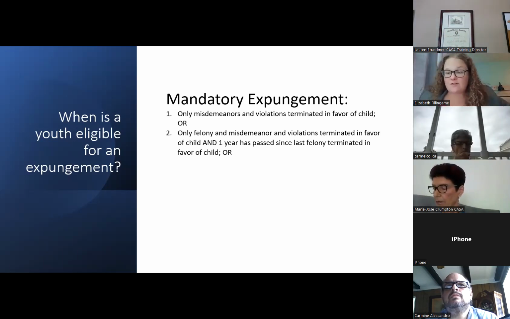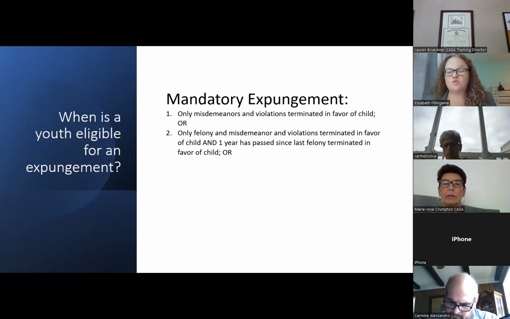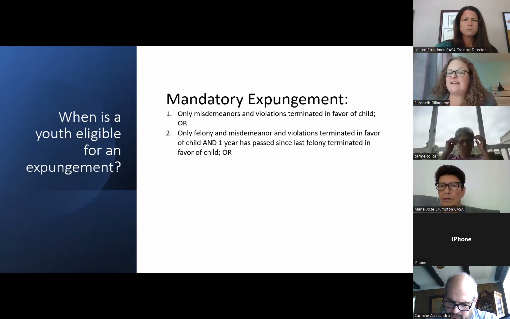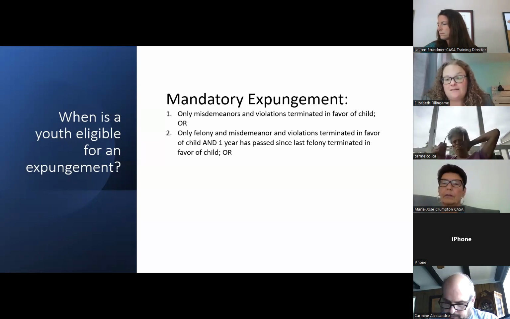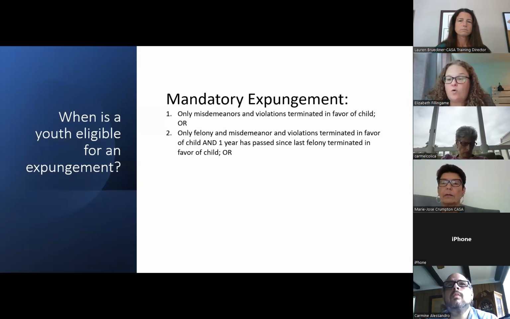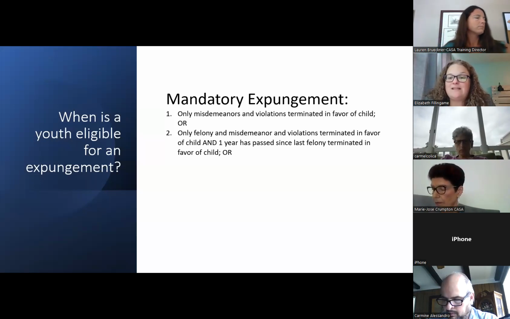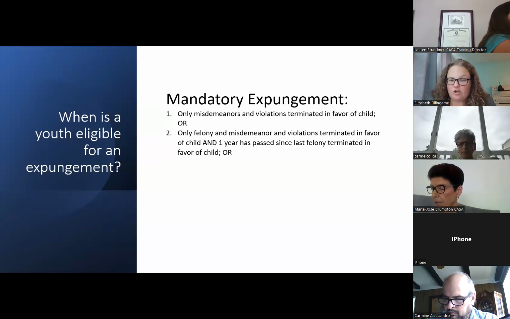So if it's only misdemeanors and violations, it's immediate. On the day that the charges resolve, the youth is eligible for a mandatory expungement. If they were also charged with a felony, then it's not immediate on the day that the charges resolve. They have to wait a year to qualify for a mandatory expungement, even if it was terminated in their favor, because it was that higher level felony charge.